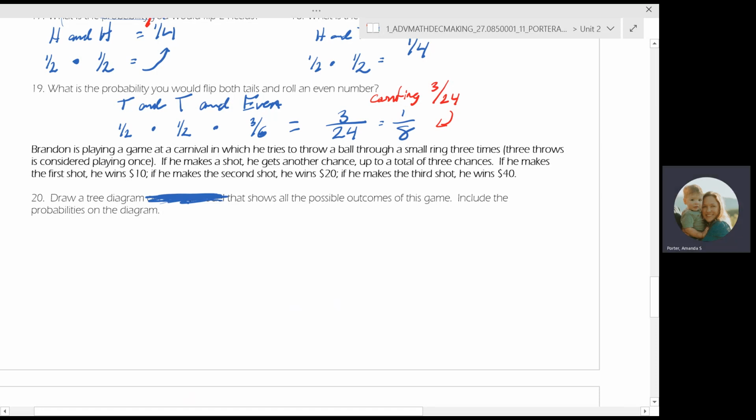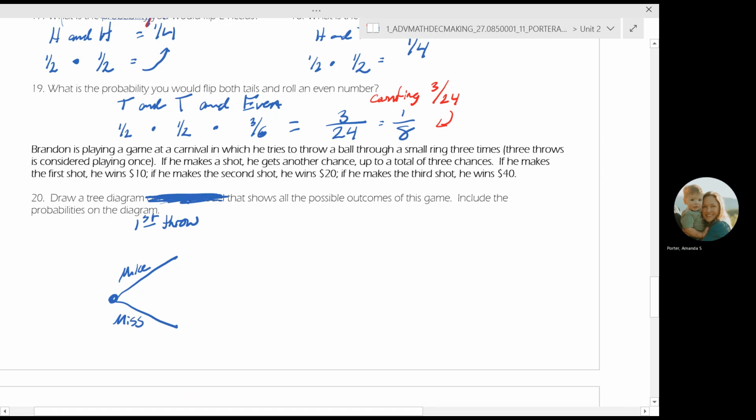All right, so here's the deal. We're playing a game. You get your first throw. Now for your first throw, he either gets it or he doesn't, right? So we'll call it a make or a miss. Now, if he makes it, he gets a second throw. If he doesn't make it, he doesn't get a second throw.